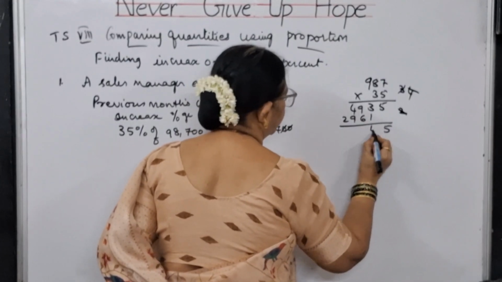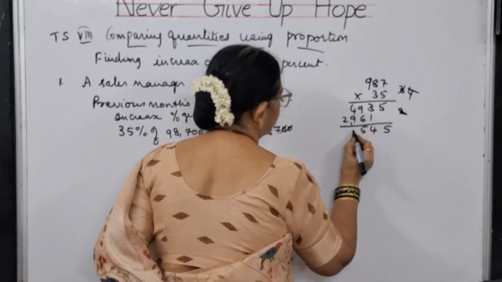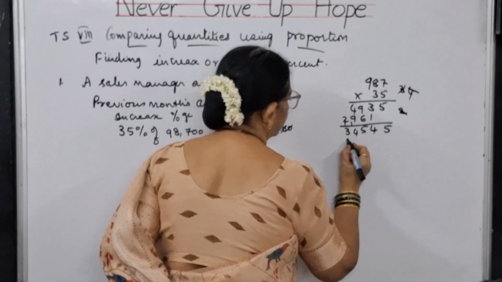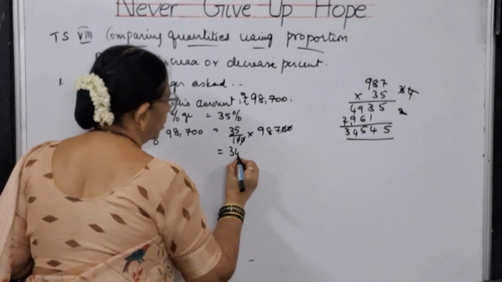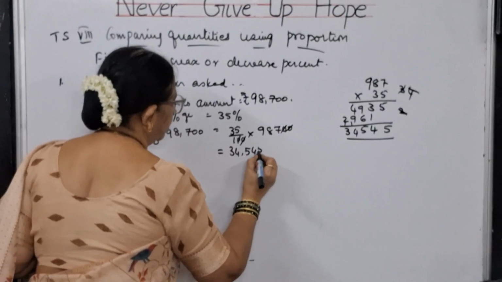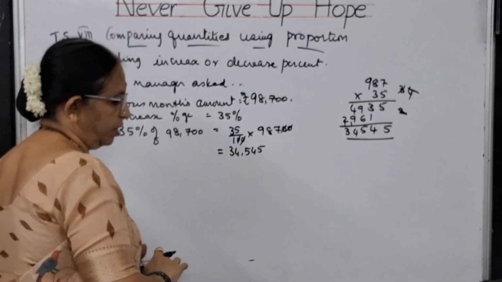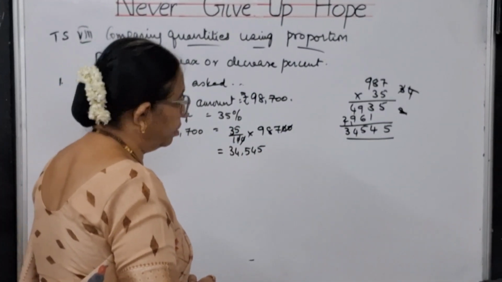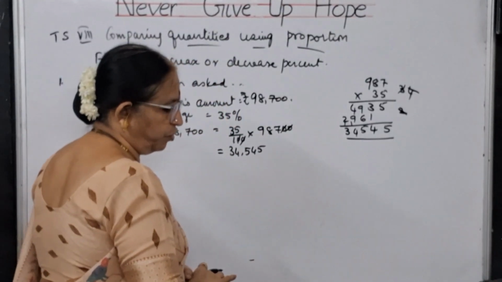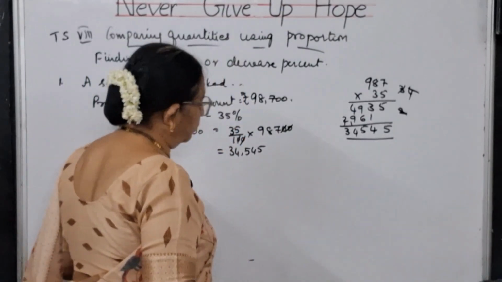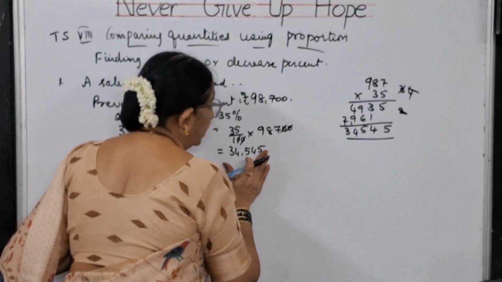So 5 here, 4 here, 5 here, 4 here, 3. 34,545 rupees should be increased.